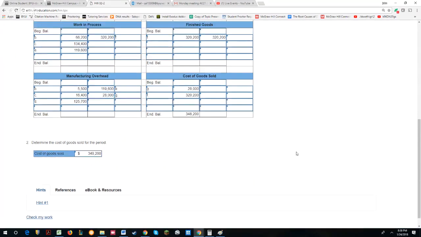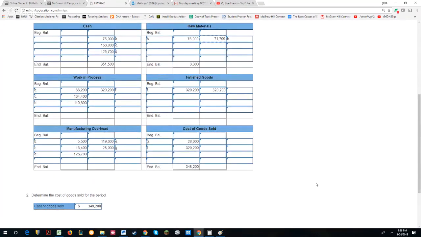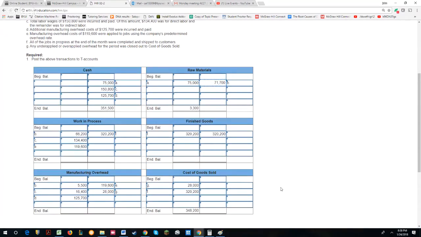Well, how is the cost of goods sold at the bottom and everything correct? Right? Because if that's correct, then that means that the manufacturing overhead should be correct, and the finished goods should be correct, and the work in progress should be correct, right? The only thing I could think is if there's something to do with, do I need to do something with raw material or cash? I don't know.